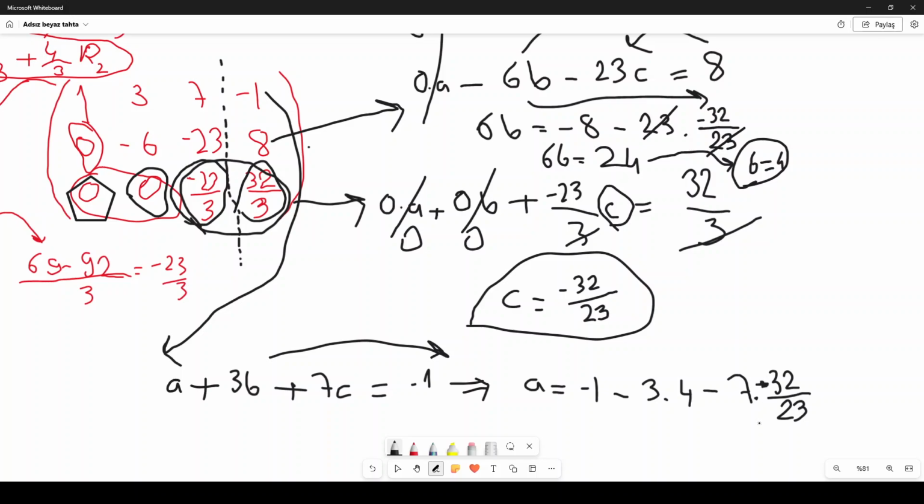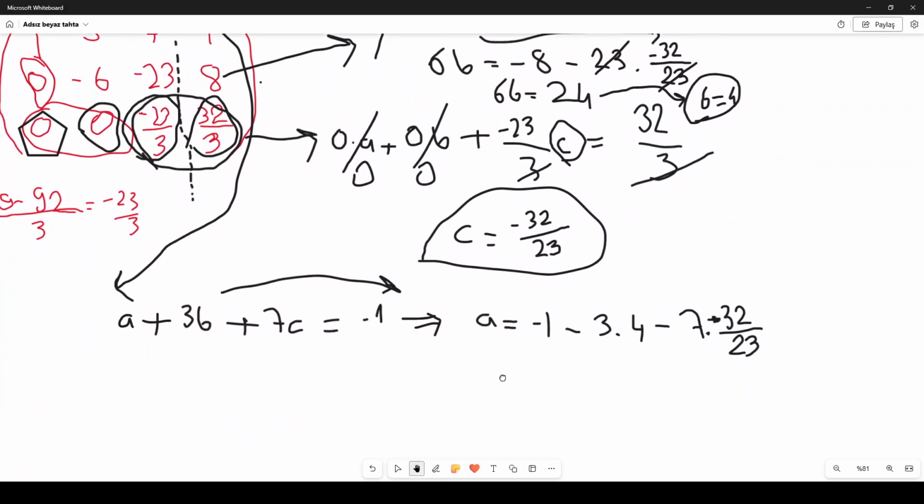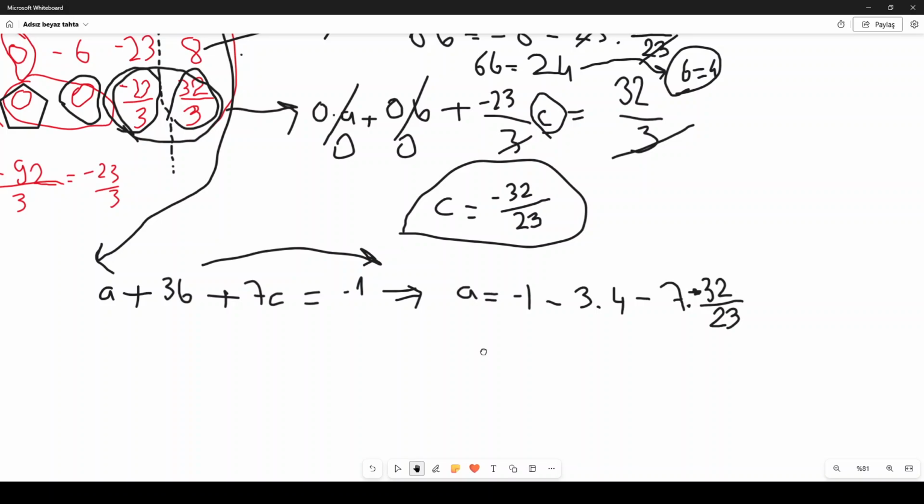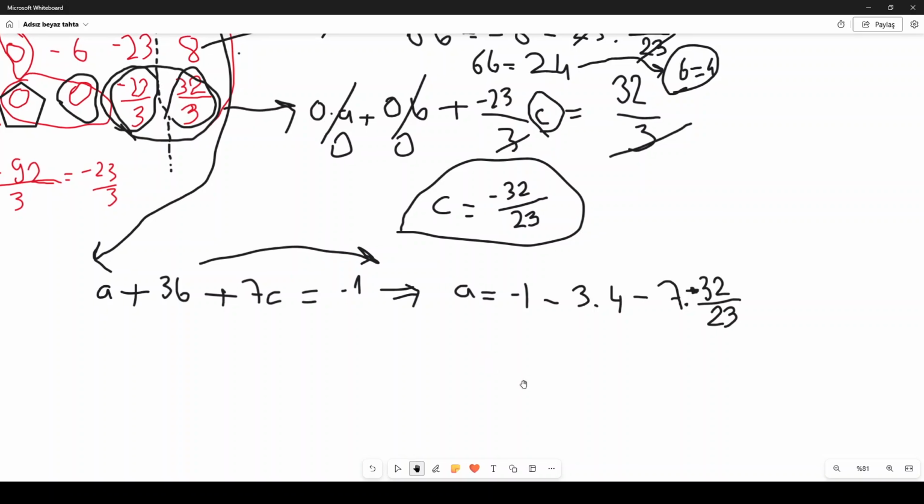Don't forget the minus sign here. That's important, guys, to avoid a numerical error, or to avoid running into a computation error. We should be careful about that.